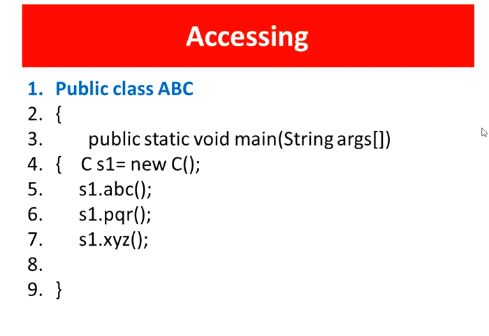Now as C has extended B, it has got access to the PQR method, and as it has implemented interface A, it has got access to the ABC method, and it has direct access to XYZ because XYZ is a method of its own class.